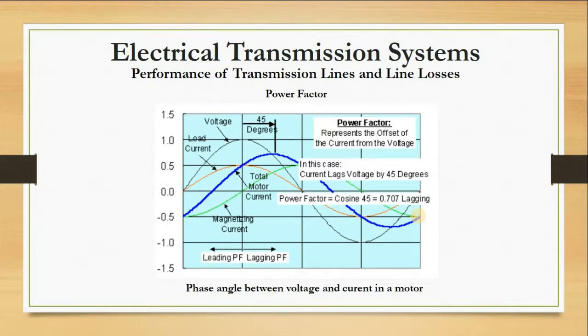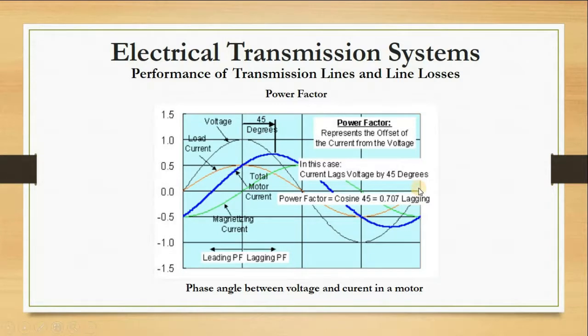So the interaction between those two magnetic fields causes the rotor to turn. Which means that we need some current to go into the magnetizing circuit of the motor in order for it to work. But the actual current that does the work is the one represented by the orange waveform.